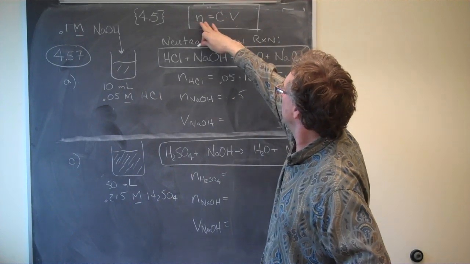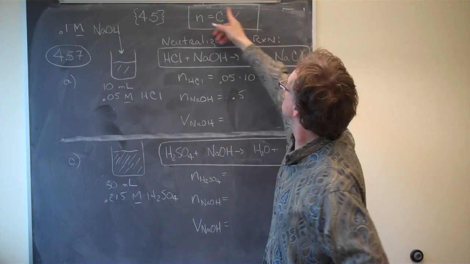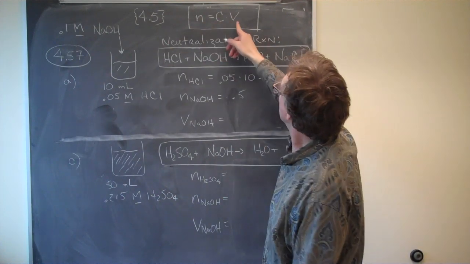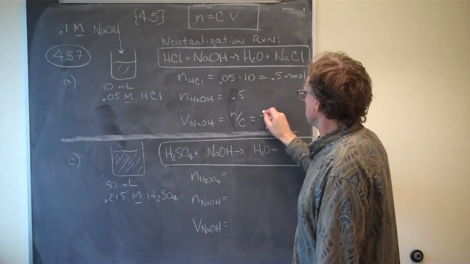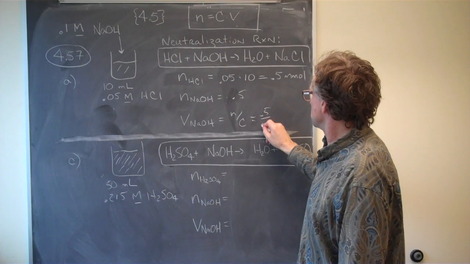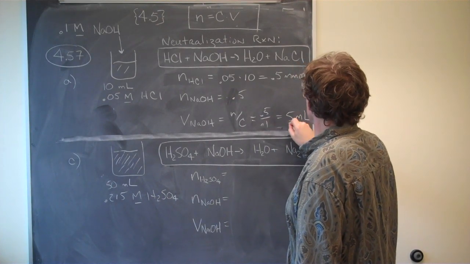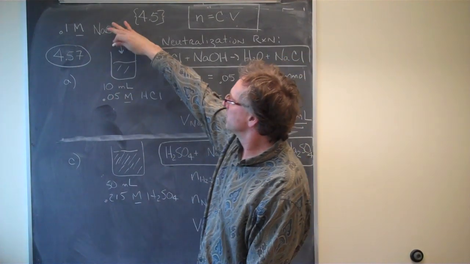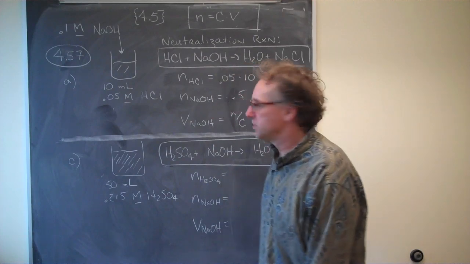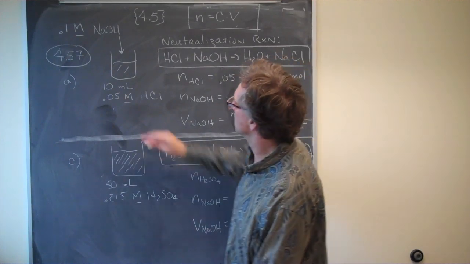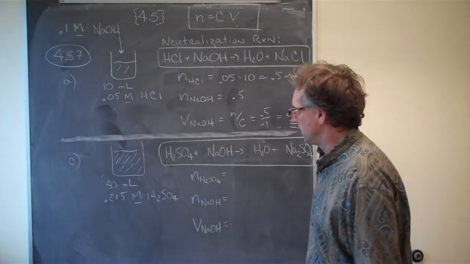I know that n is 0.5, and the concentration is 0.1. So if I solve for the volume, V is equal to n over C, which is 0.5 over 0.1. So I need 5 milliliters. All right, so we need 5 milliliters of the sodium hydroxide to neutralize the 10 milliliters of the HCl. Once again, that shouldn't be a surprise, because the sodium hydroxide has twice the concentration of the HCl.